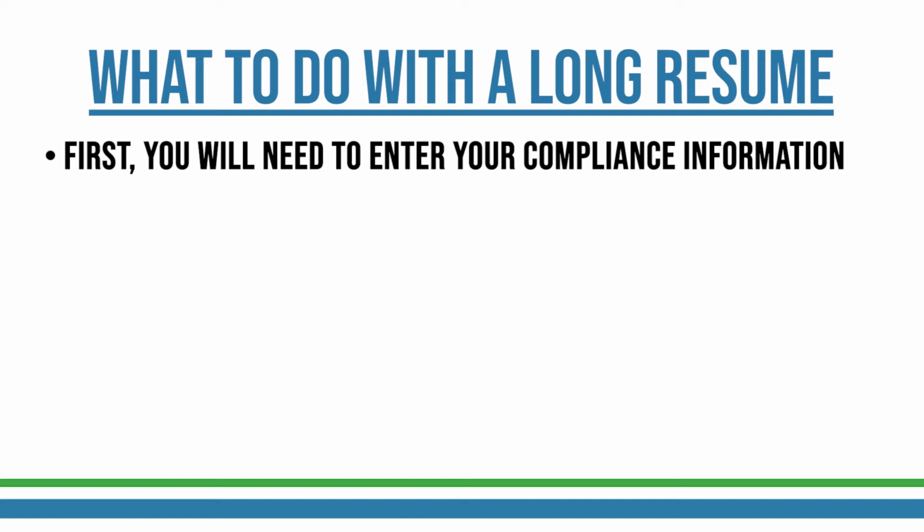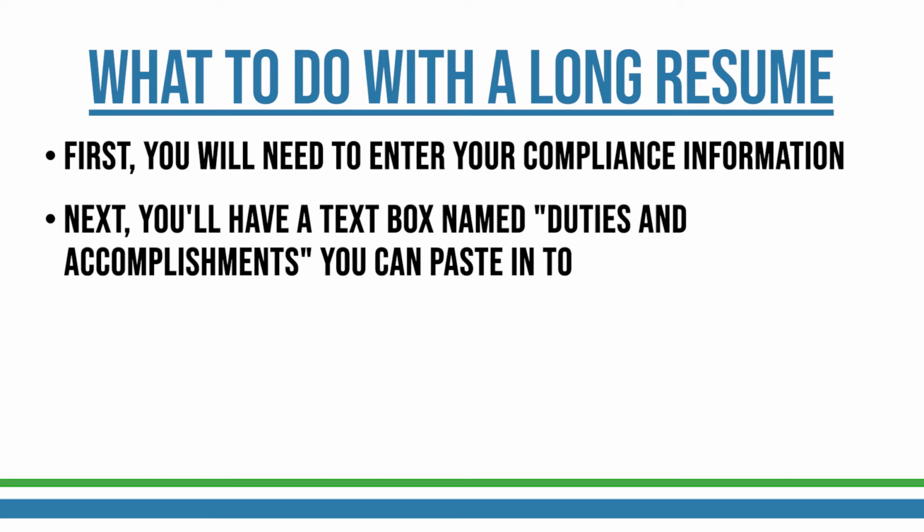Your title, your grade, the employer, all of that kind of stuff. So that you're going to have to enter by hand. Once you enter that by hand, you'll have a text box where you can copy and paste from a Word document, and that text box says duties and accomplishments.